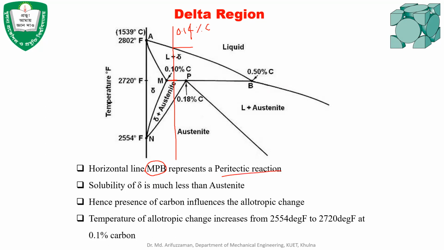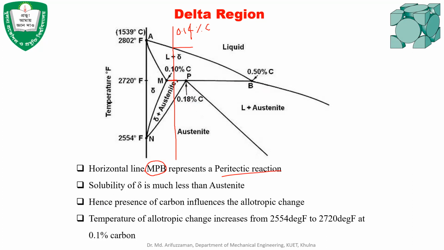That means a certain amount of delta iron will be produced at this temperature, and then the rest of the liquid will have a composition of peritectic composition, which is 0.18% carbon.